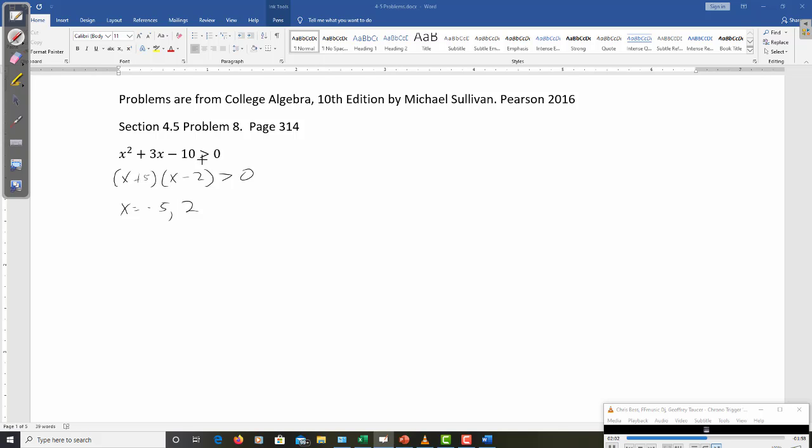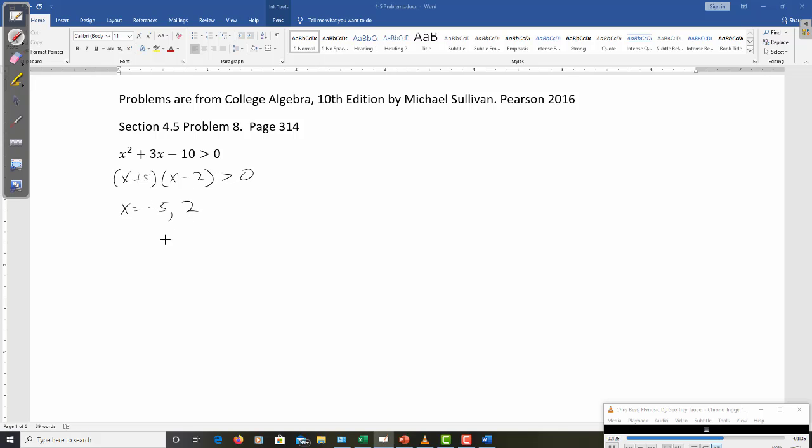Because think about it. It has to be greater than 0. Well, it is 0 at -5 and positive 2. That's what we were solving when we found these. Well, if these are the only places where it's 0, then what else can it be? Everywhere else, either greater than 0 or less than 0.